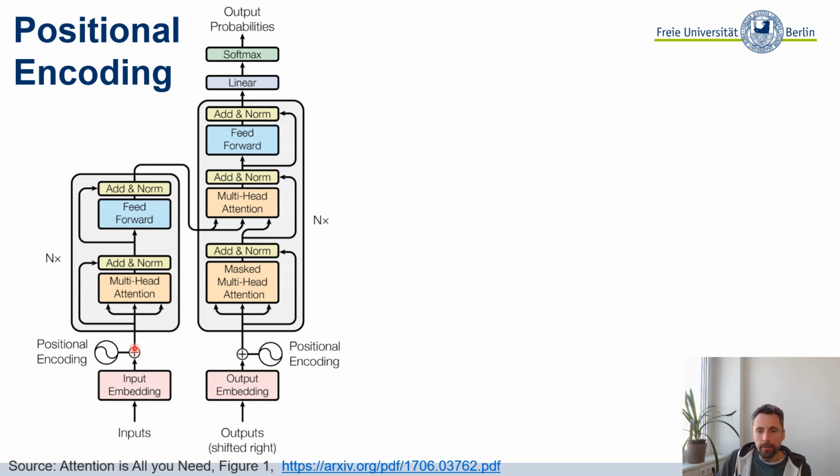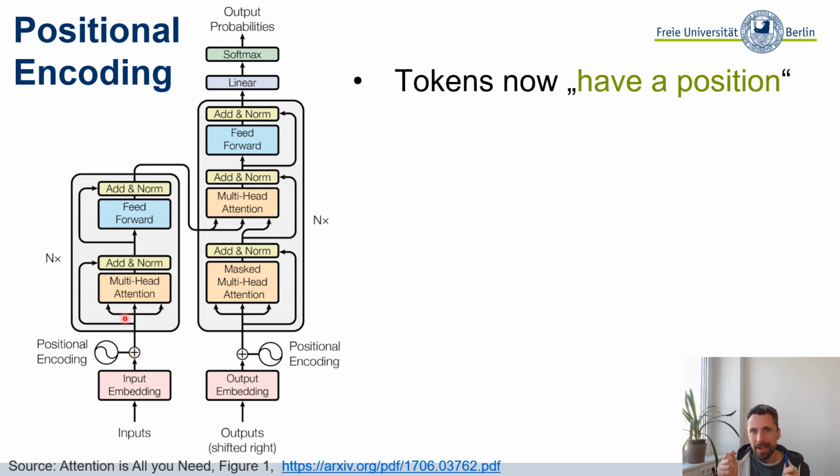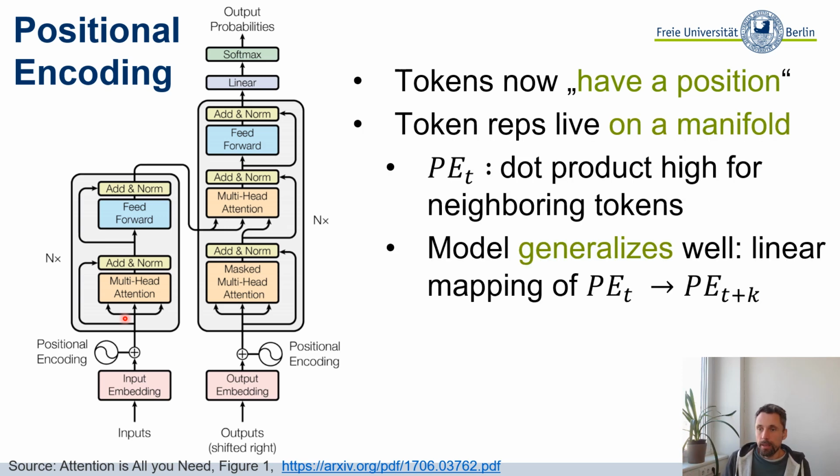So by doing that, our tokens now come with a position, right? The token car at the beginning of a sentence will be numerically different from the same token at the end of the sequence. And so now tokens live on this manifold, right?